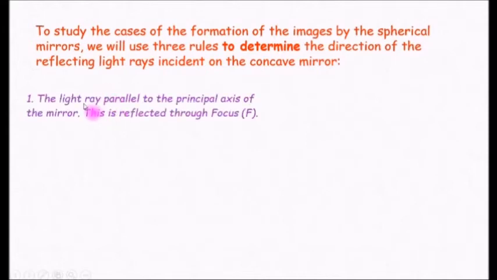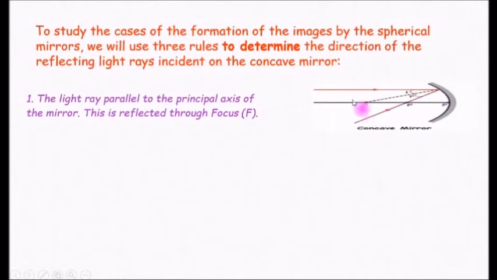The first case, when the light ray passes parallel to the principal axis of the mirror. As we see in this image, the light ray passing parallel to the principal axis, when it falls on the mirror, is reflected passing through the focus.